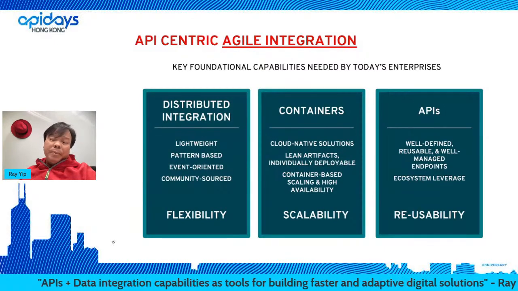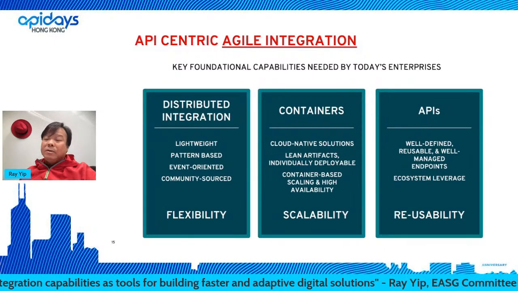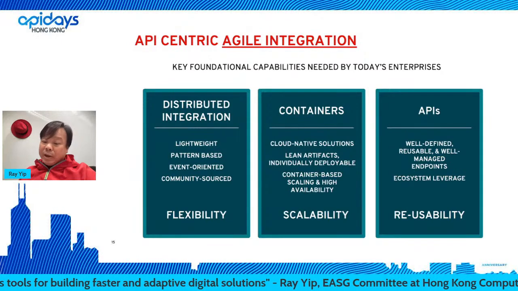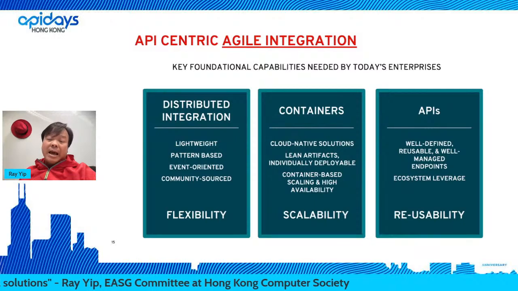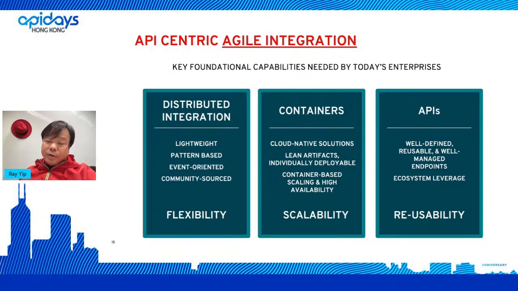Distributed integration allows integration to spread throughout the enterprise, with reusable, pattern-based integration where the lead is clear, especially for microservices architecture. Containers are fundamental to better software delivery and scale as application capacity and workload increase. The final one is the API first approach, now becoming critical in managing internal reuse, fostering innovation, and enabling customers and partners to connect.